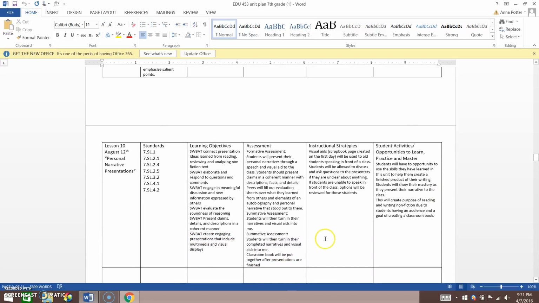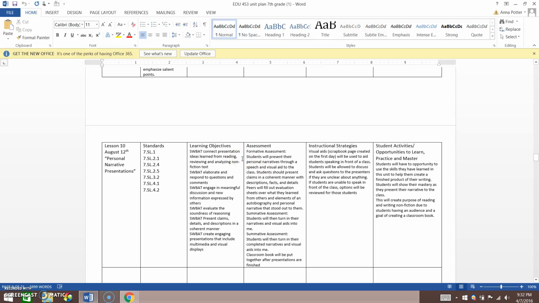And we see that the big assessment is at the end, where students will present their personal narratives through a speech and visual aid in the class, and students should present claims in a coherent manner with descriptions, facts, and details. So this goes back to the scrapbook page that they created the first day.